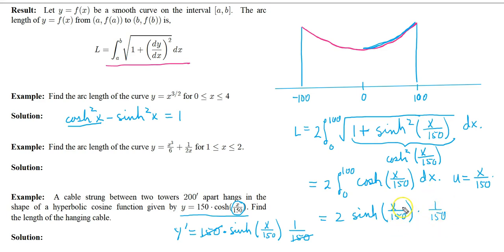This being the derivative of the inside. Now we don't want a 1 over 150 here, so what do we have to do? Well, we need to multiply this by 150 then. So our antiderivative here would then be 2 times 150, or 300, times the sinh of x over 150.